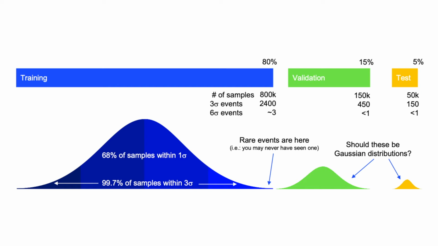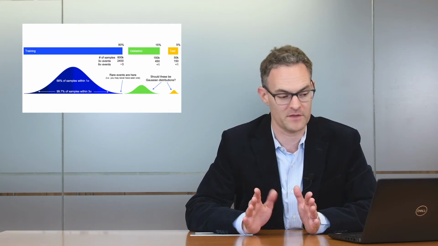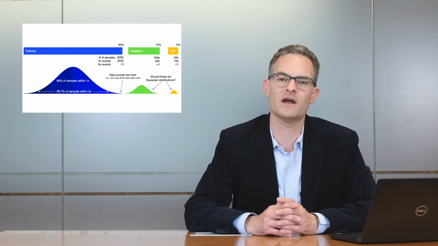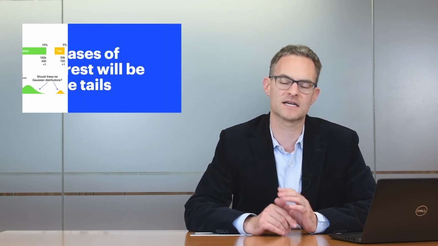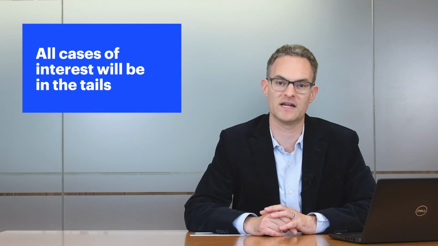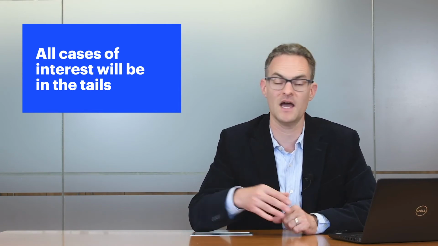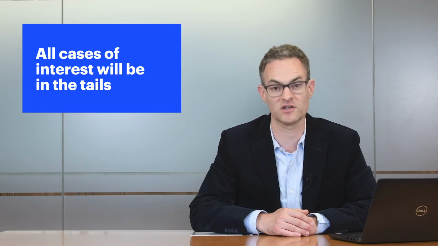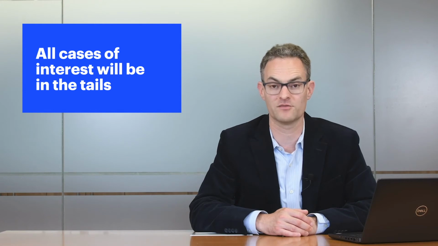If you divide your images into 80%, 15%, and 5% for the training, validation, and test data respectively, which is the rule of thumb you would use, it turns out that rare events almost never happen in the data. You have about 3 Six Sigma or very rare events in your training set, so your algorithm only saw very rare things a couple of times. And your validation and test sets actually contain less than 1, so you can't evaluate how well your algorithm does on rare things.